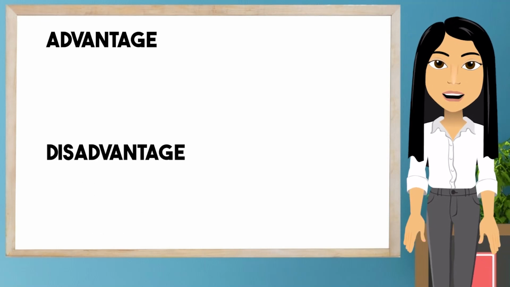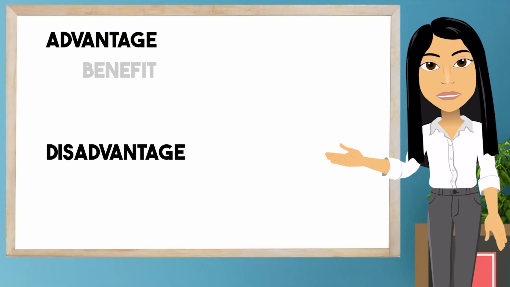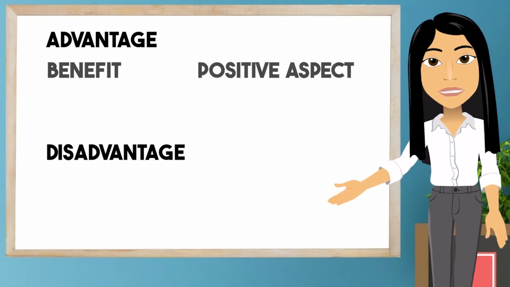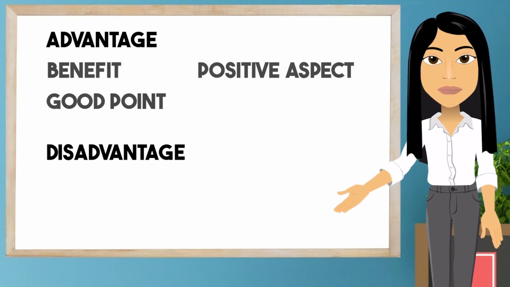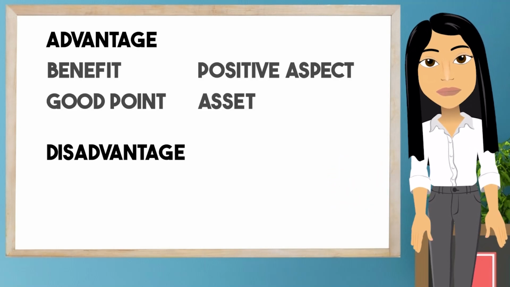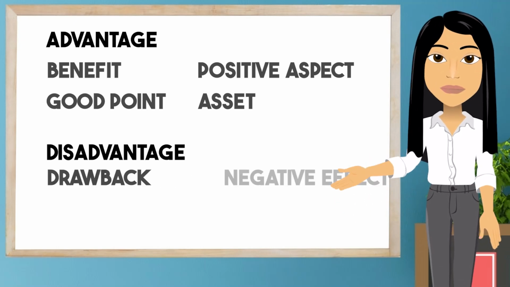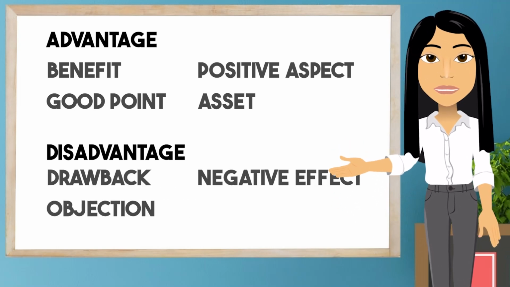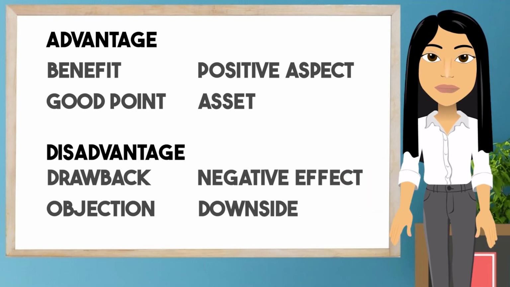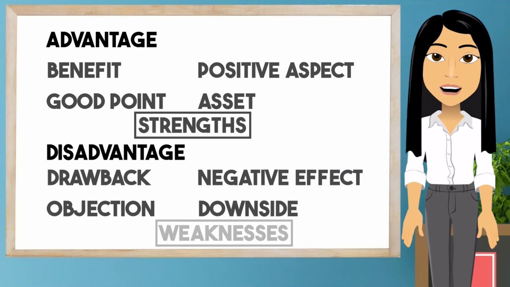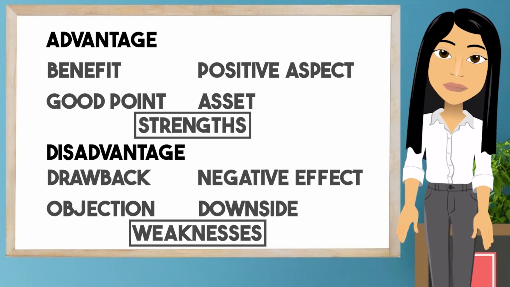Instead of using advantage, you can use words and phrases like benefit, positive aspect, good point, or asset. Just like that, instead of disadvantage, you can use drawback, negative effect, objection, or downside. Even words like strengths and weaknesses can be better alternatives.